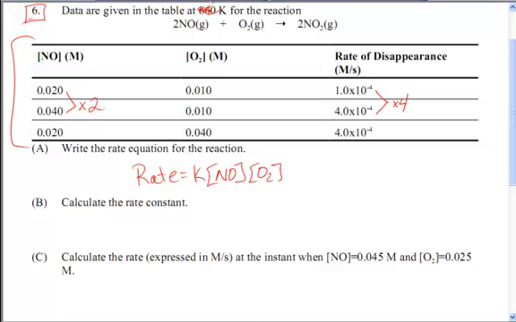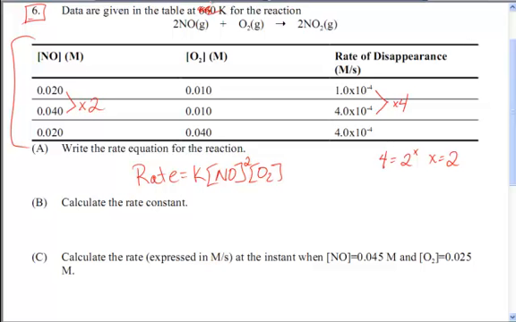So to determine the reaction order, I say the change in the rate is equal to the change in the concentration raised to some power. We want to know what the x is. Very obviously, 2 to the second is 4, because 2 squared is 4. So my x must be 2, which means the NO has a reaction order of 2.